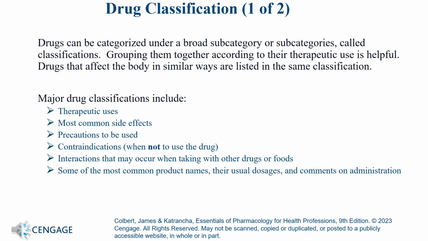The major drug classifications include the therapeutic uses, most common side effects, precautions to be used, contraindications, or when not to use the drug, interactions that may occur when taken with other foods or drugs, and then some of the most common product names, their usual dosages, and comments on administration.